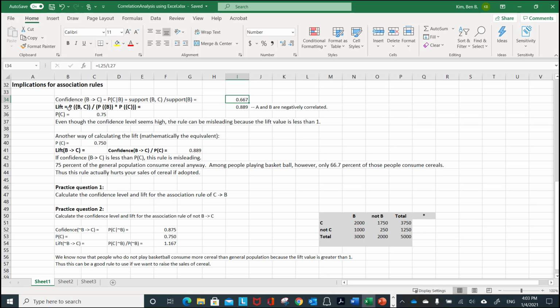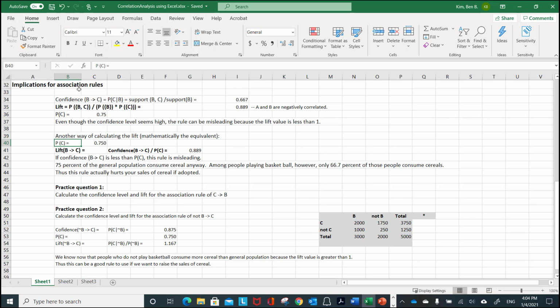Okay. So this is one way of calculating a lift. Personally, I like this one better. Mathematically, exactly the same thing, but seems more obvious. So anyhow, the confidence is 0.667.